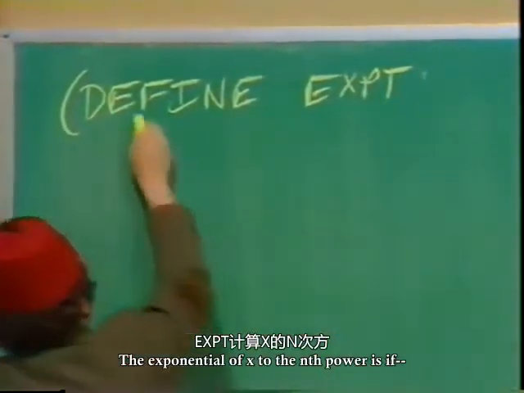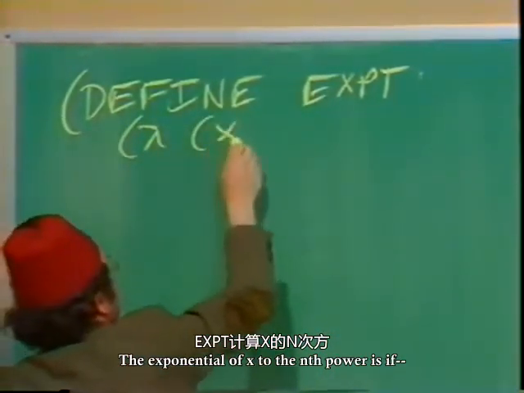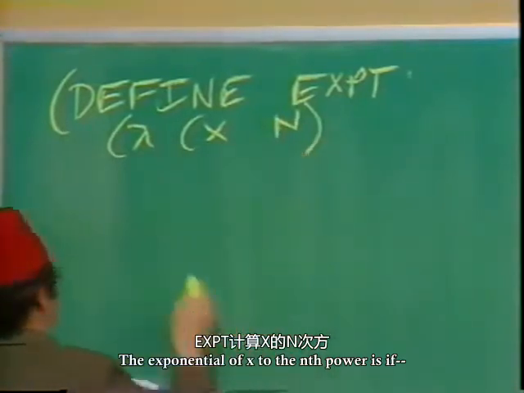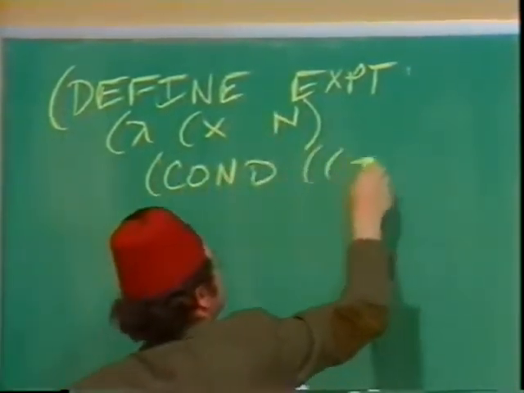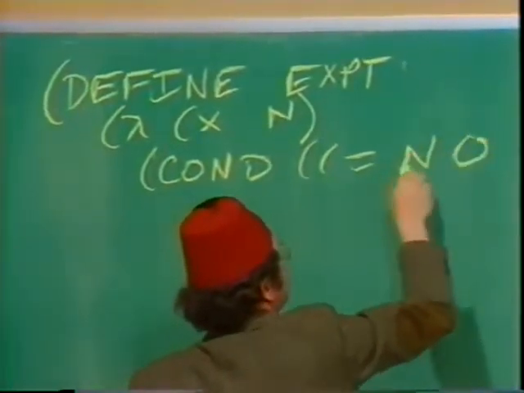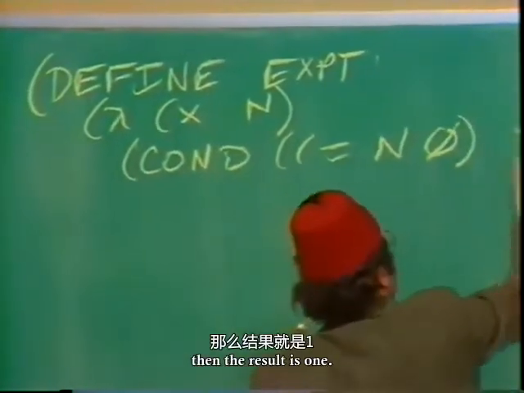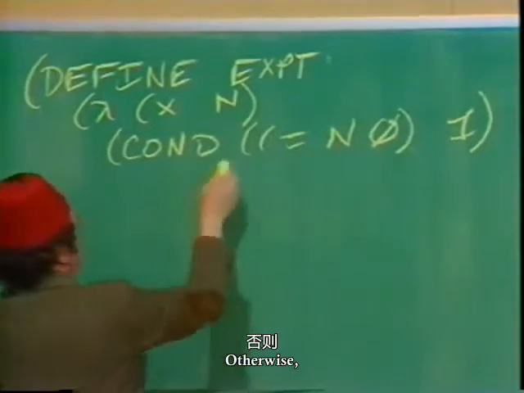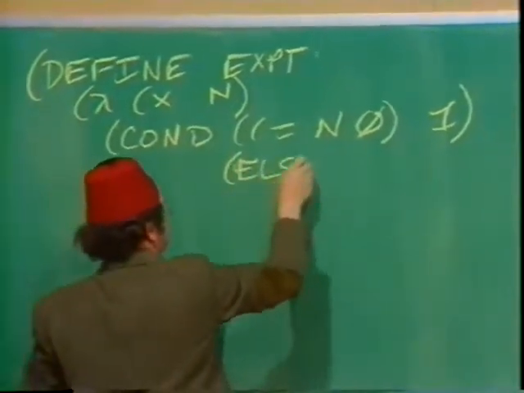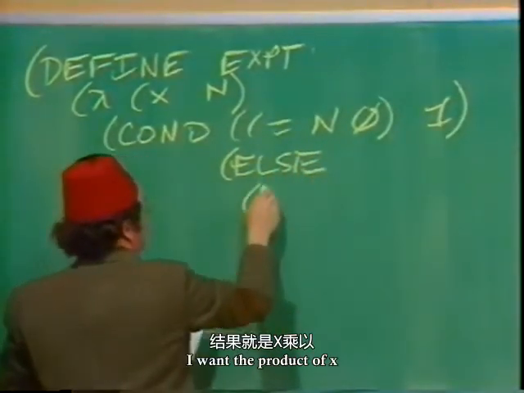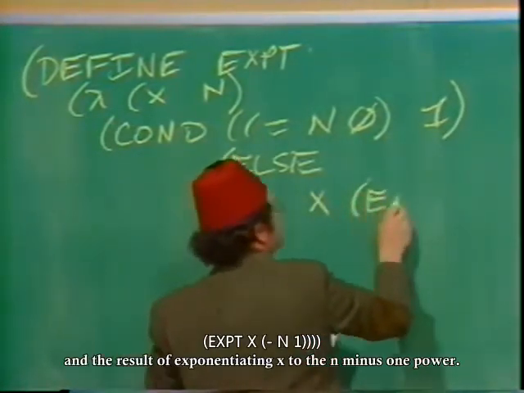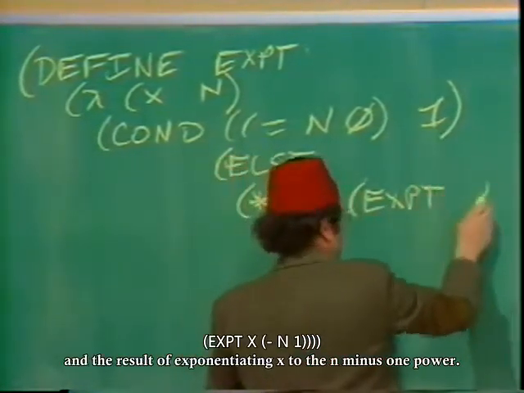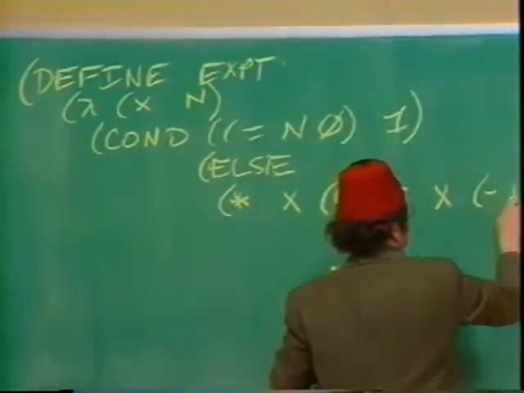The exponential of x to the nth power is: if n is 0, then the result is 1. Otherwise, I want the product of x and the result of exponentiating x to the n minus 1 power.